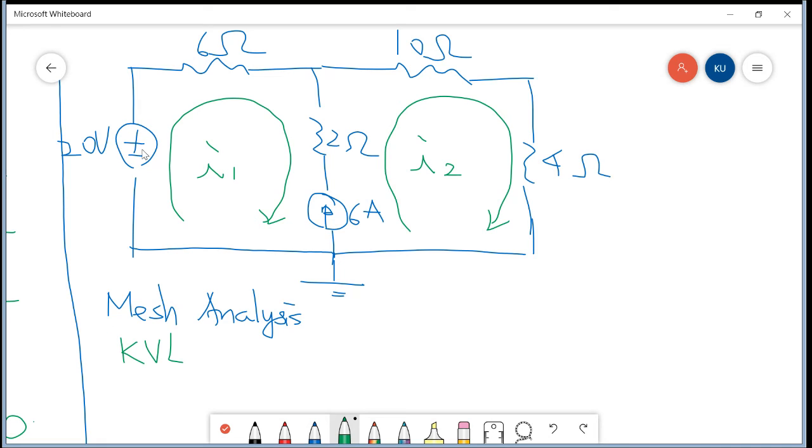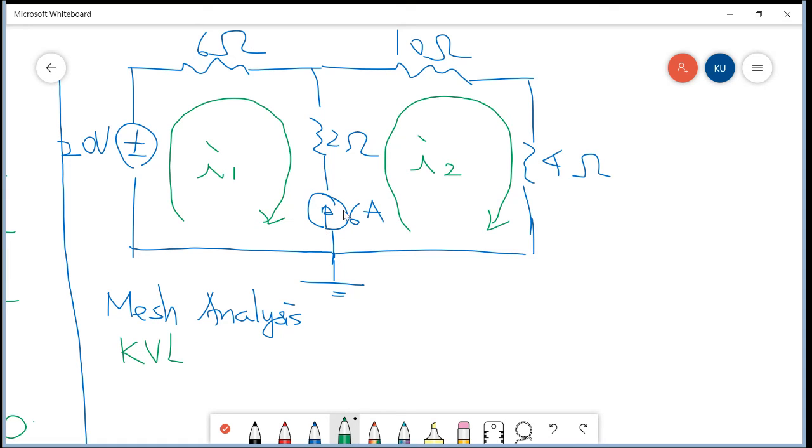And for this one, you know that the voltage difference is 20 volts, no problem. And as long as you know the current, you will be able to know the voltage drop for this 6 ohm resistor is 6 times I1, no problem. And for this one, a little bit more complicated, but still no problem. It is 2 times I1 minus I2.